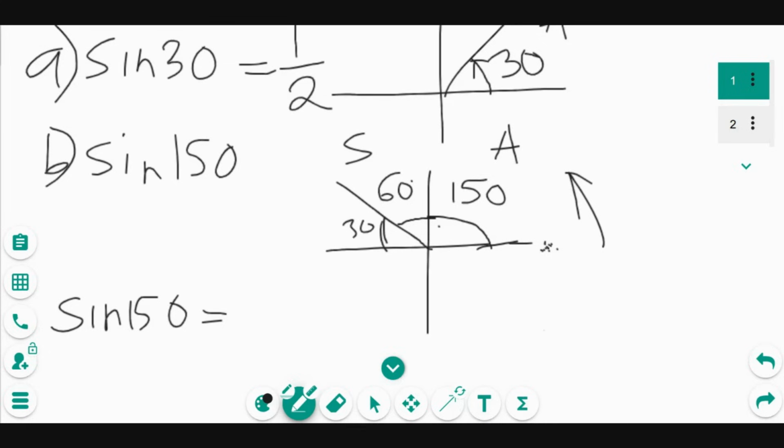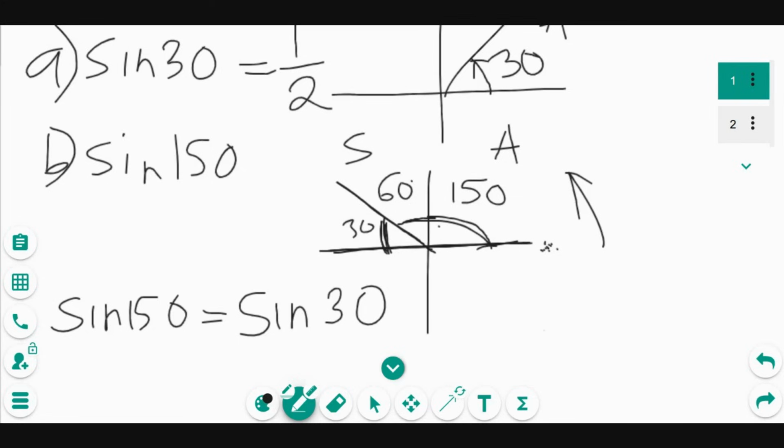But my sine of 150, when I am counting from the positive x-axis, is the same as sine of 30 when I am moving from the negative x-axis. So the sine of 150 is the same as the sine of 30. The goal is reaching this line here.